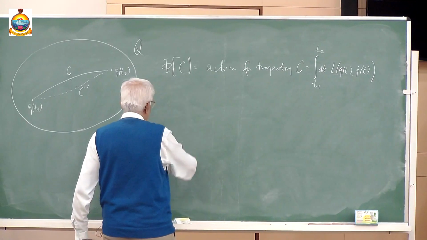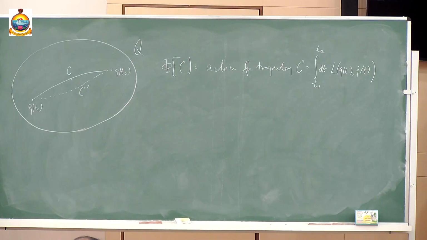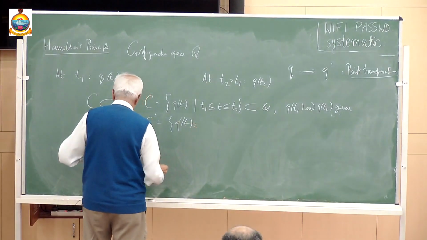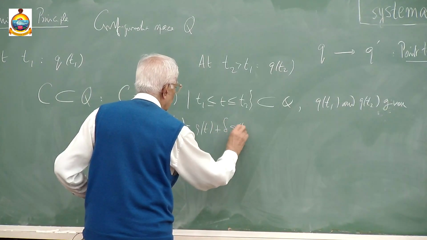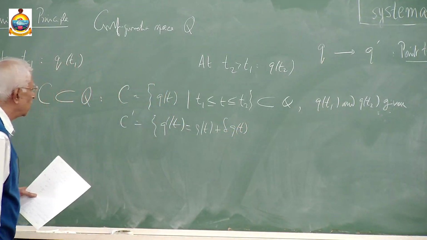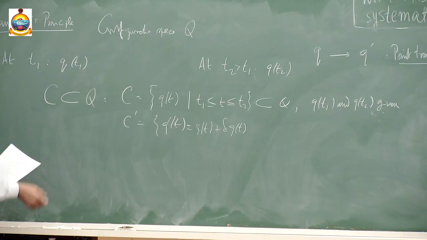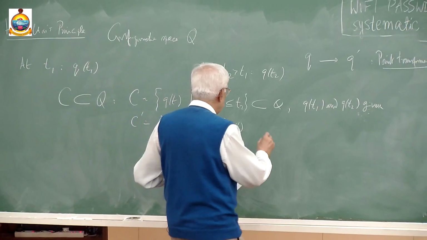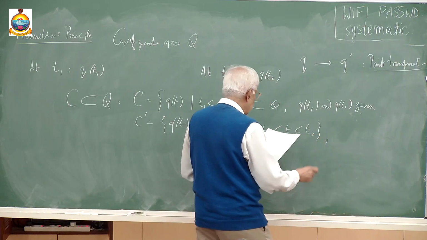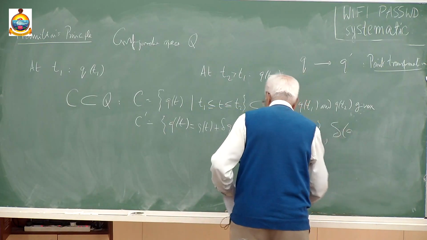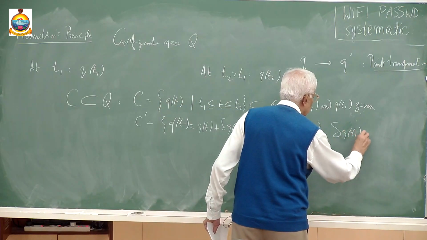Maybe it is good to write C prime right next to C here. At each time from t1 to t2, I make a small change delta q of t in q of t at that time to get the q prime of t, with the condition or the agreement that at the initial and final points nothing changes.